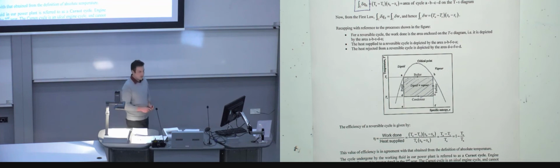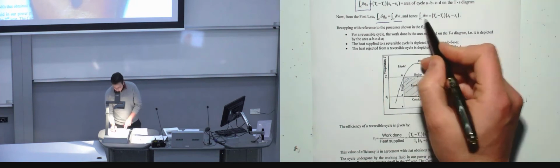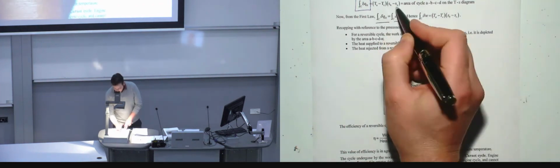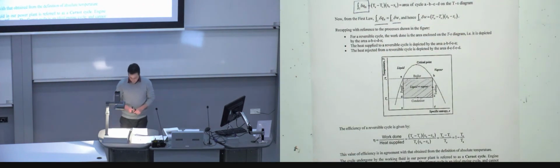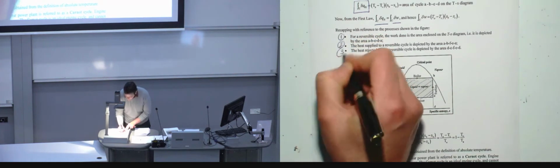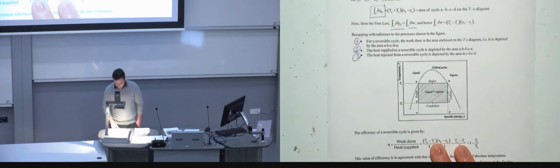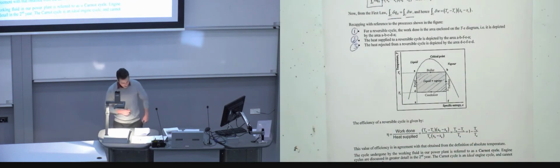Going back now to the first law, we said that QR, delta QR, is equal to delta W. It just essentially means that W, delta W now has to be equal to that as well. Now, what is the implication of that? There are three implications, as you can see in here. Let's just look at those one by one.